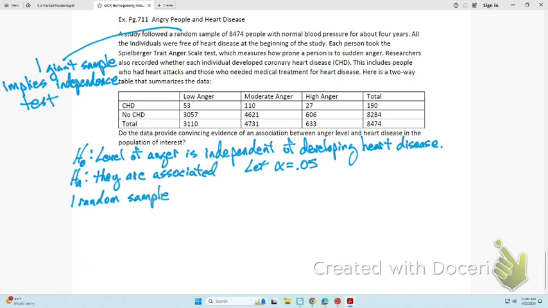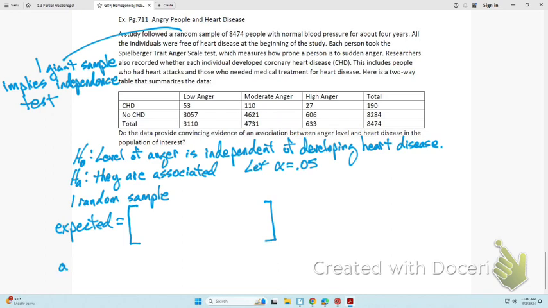We need to copy down our expected values. Looks like we have a 2x3. So I bet we'll need a matrix about that large.